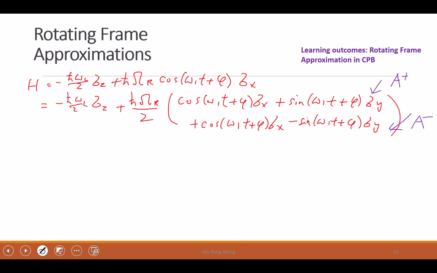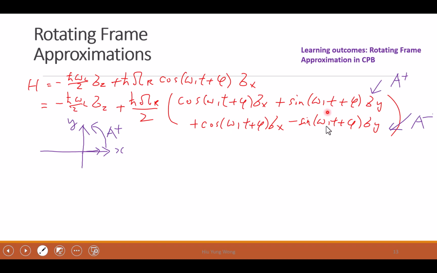Let's look at the frame. This is x, this is y. So for A plus, what does it do? It has a cosine component and a sine component, but they all go in the positive direction, right? So if I start from here, it's going to rotate counterclockwise. Make sense?